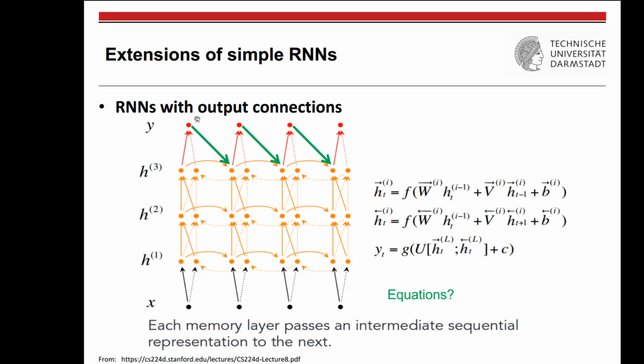You could also make these connections point to some different layer in your hidden network, like the previous hidden layer, or like one hidden layer down here, or it could also just go to the input, right? So you could also say, previously I have now this current token here, and I have the previous decision here, and now I want to make a new decision. So you are totally free in making your design choices here.